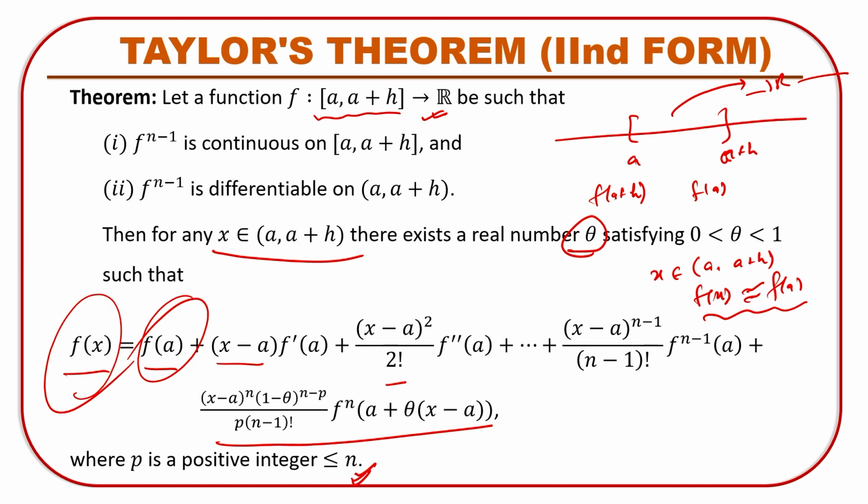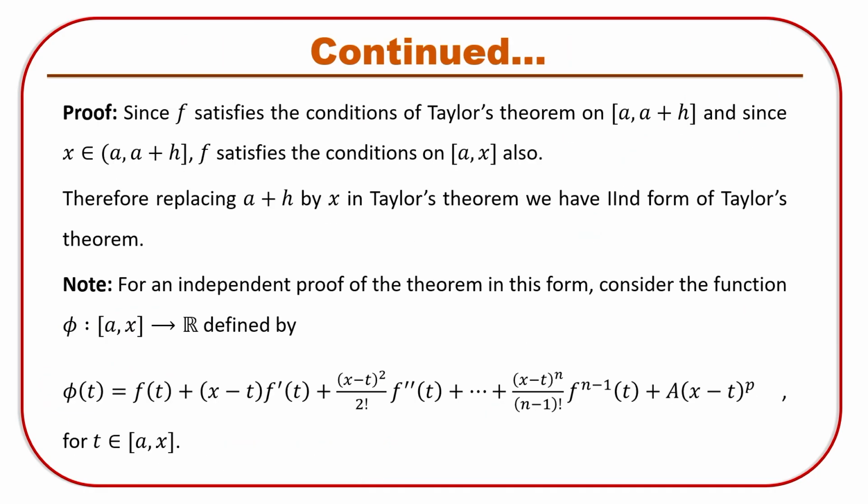So, the proof is on similar lines and one can prove it very easily. Since f satisfies the conditions of Taylor's theorem on the closed interval a to a plus h, and since x belongs to a to a plus h, f satisfies the conditions on the closed interval a to x, right.